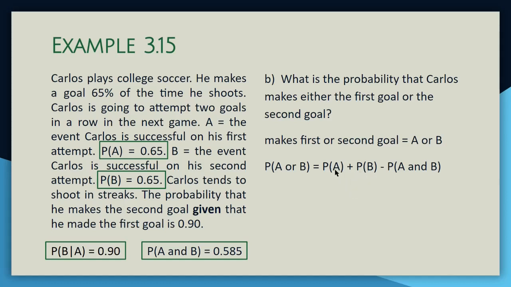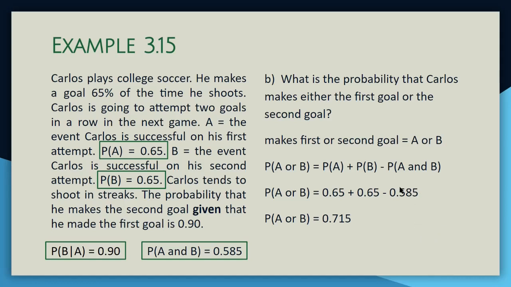So 0.65 plus 0.65, and then minus that double count that he makes both A and B, which we found in the last part, 0.585. So 0.65 plus 0.65 minus 0.585 is 0.715. The probability that he makes the first or the second is 0.715.